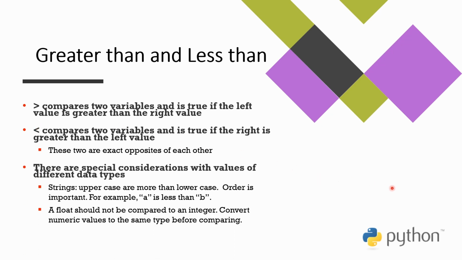And there's a couple of special considerations with values of different data types. First off, strings, upper cases are more than lower cases. Order is important. For example, A is less than B, but again, upper cases are higher on the chart than lower cases are.